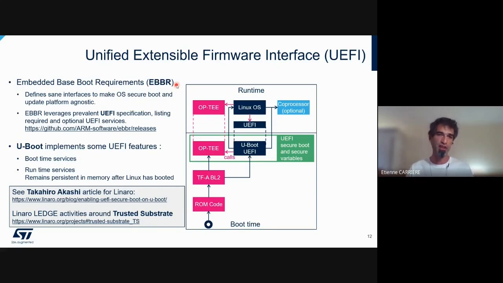And so the EBBR specification just enumerates all the things that such an embedded device could have to be compliant with this spec, which comprise some UEFI services, boot time and runtime services. So you can have a look at the EBBR specification. It's not very long, so it's quite easy to read.